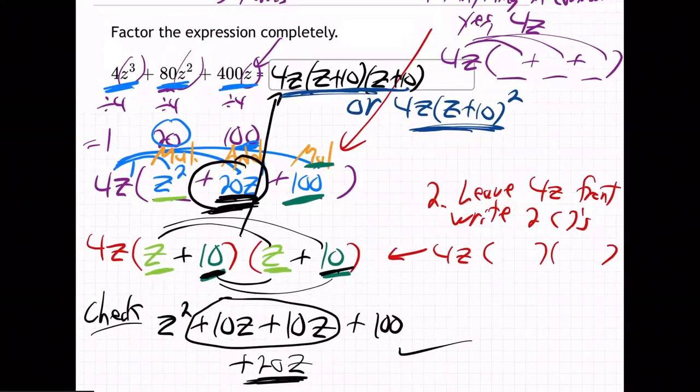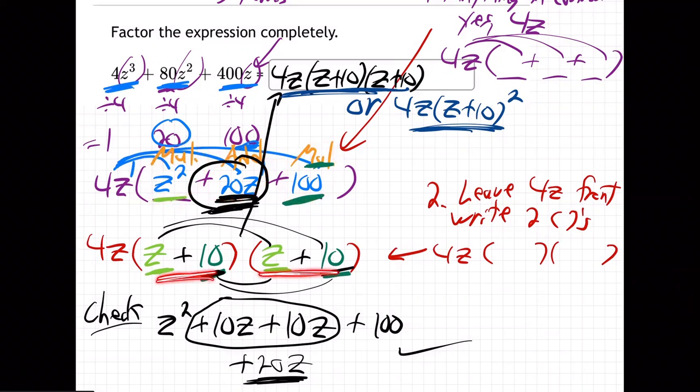Let me make sure this is clear. What do we do? First step, we notice 4 goes into all of them, and they also all have a z, 4z in common. So we put the 4z in the front with the one big parenthesis. Always the one big parenthesis at first when you have something in common. And then we found out what goes on the inside because whatever multiplies. And then what's inside was 3 terms, so that's multiply, add, multiply.